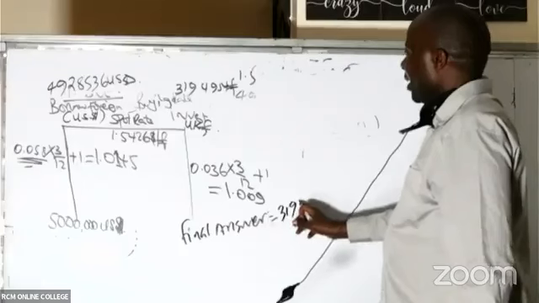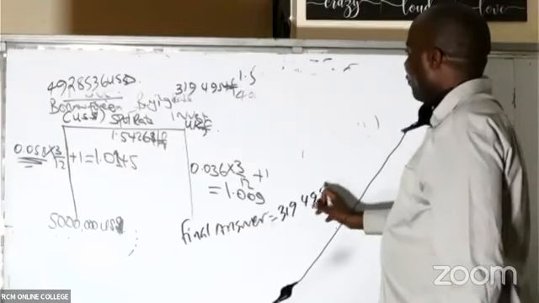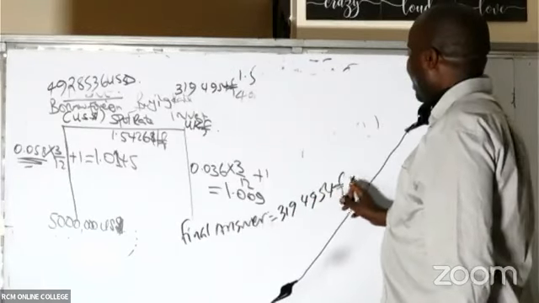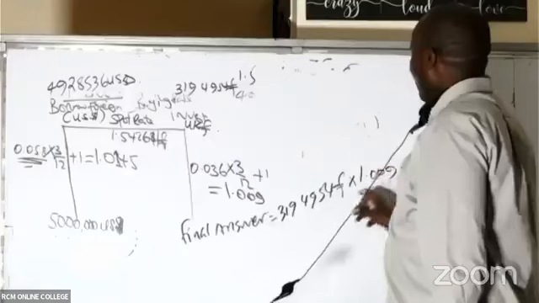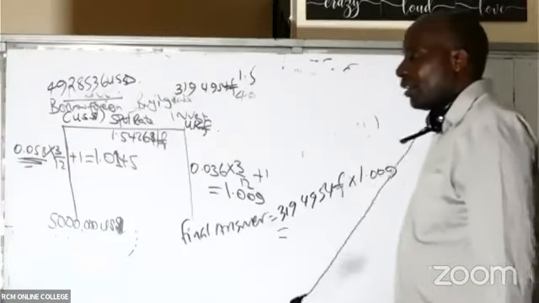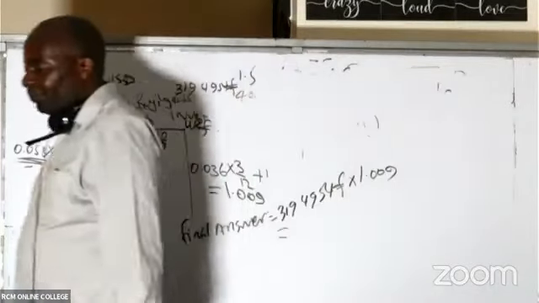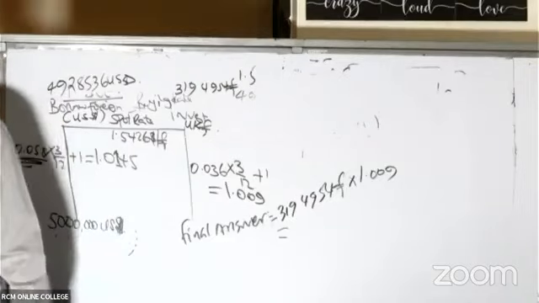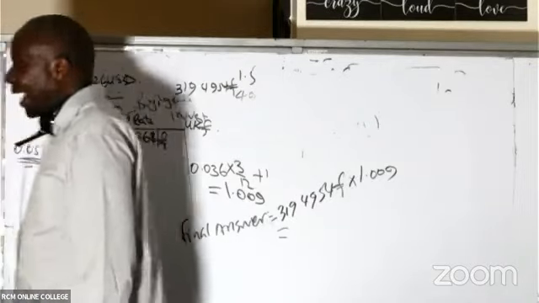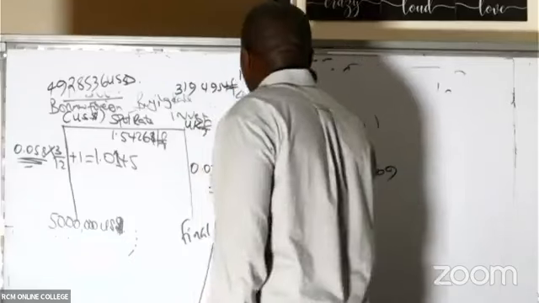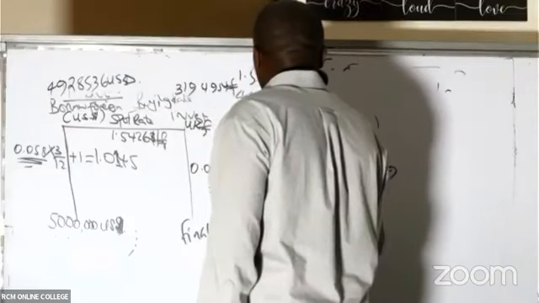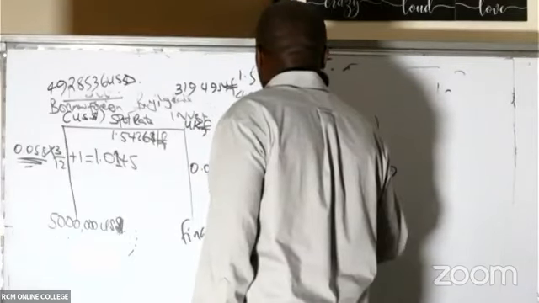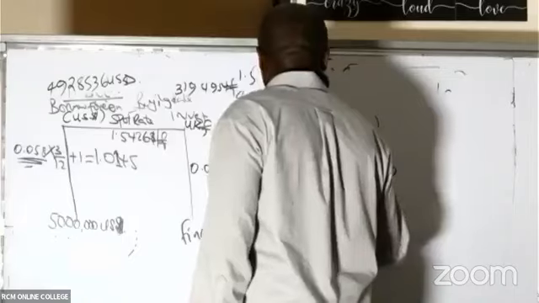So 319,49.54 pounds times 1.009 will end up giving us what figure? 322,3709, in this case UK pounds, like that.